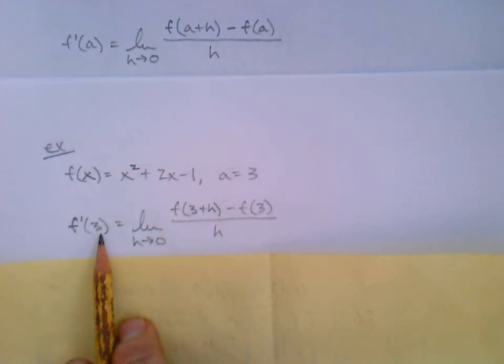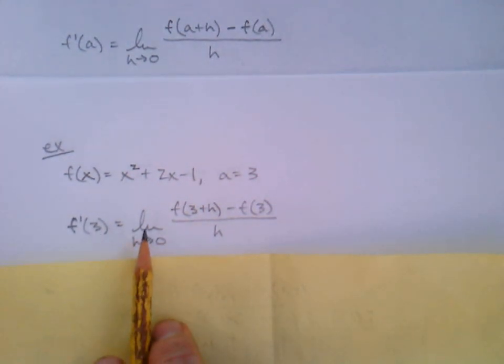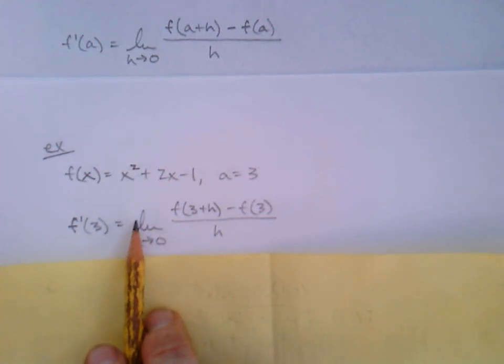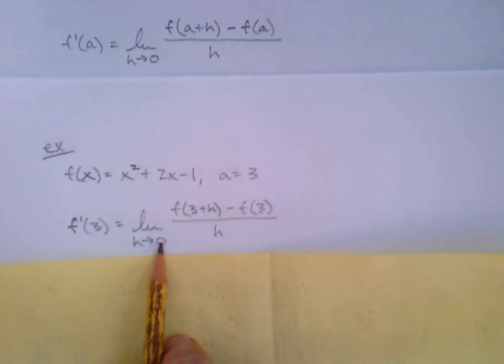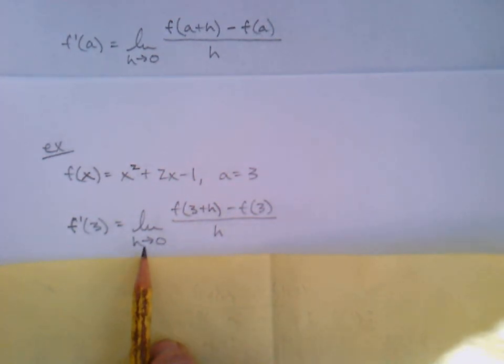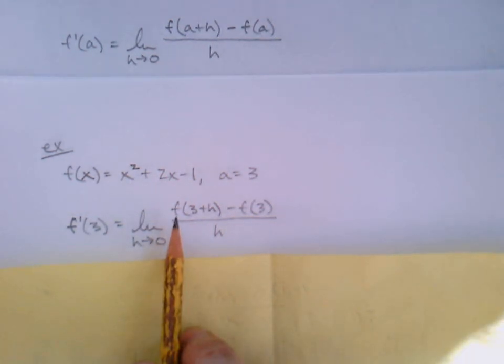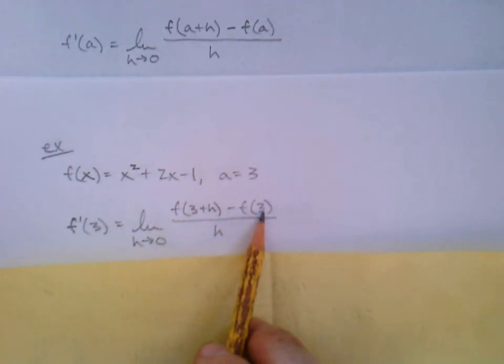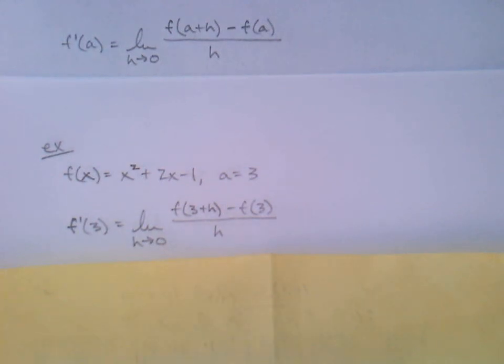So it's still f prime of 3 equal to, now it's the limit as h approaches 0. And you realize this is never going to change. It's always going to be the limit as h approaches 0. It's always h to 0. And then f of 3 plus h minus f of 3 all over h.